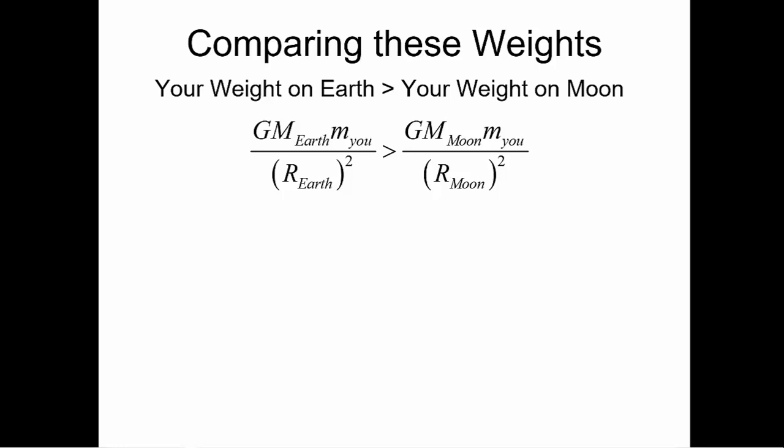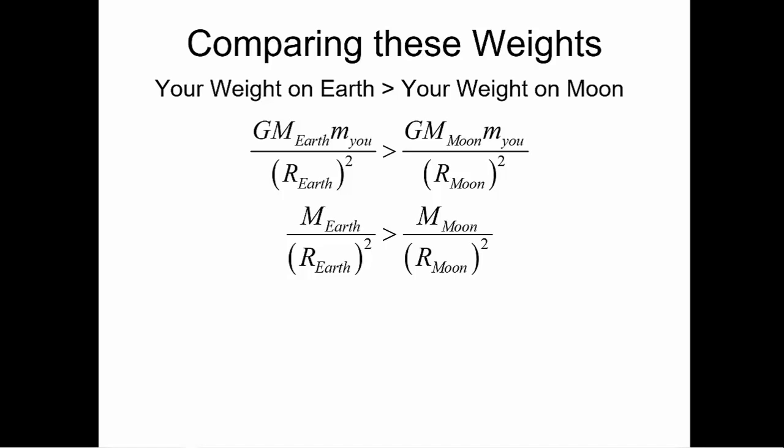You can divide out things that are common to both sides. We can take out the G and we can take out the mass of you, and all we're left with is just that mass to radius squared ratio. When one thing's divided by another, you call that a ratio.